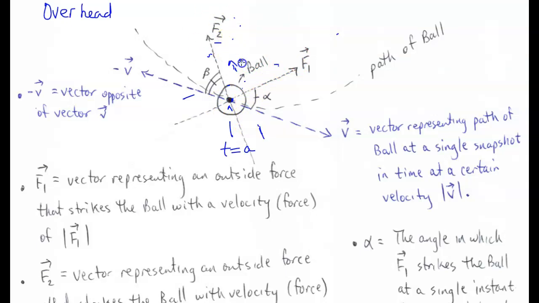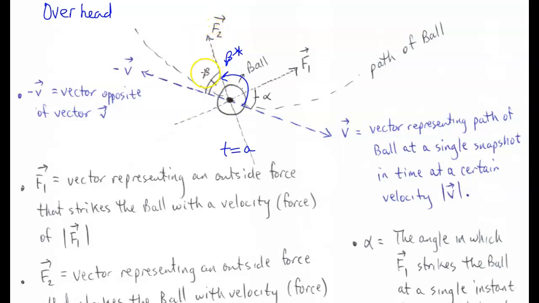And this will explain why we're looking at things in terms of the vector minus V. So let's say from this vector, if I went to here, let me call that beta star. That is what the actual angle will be in between vector V and vector F2.